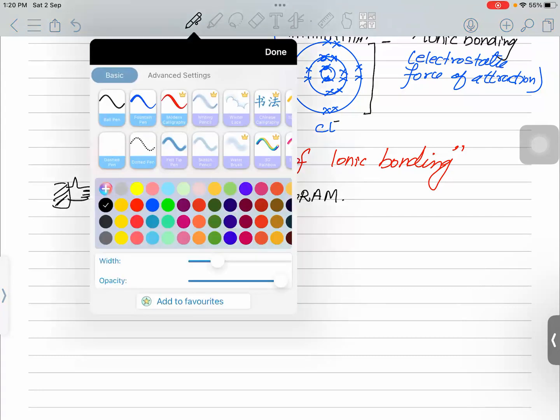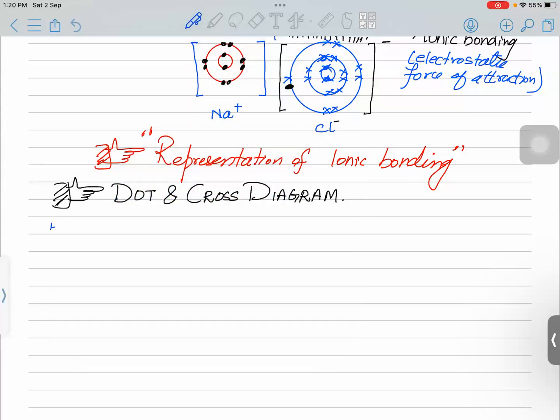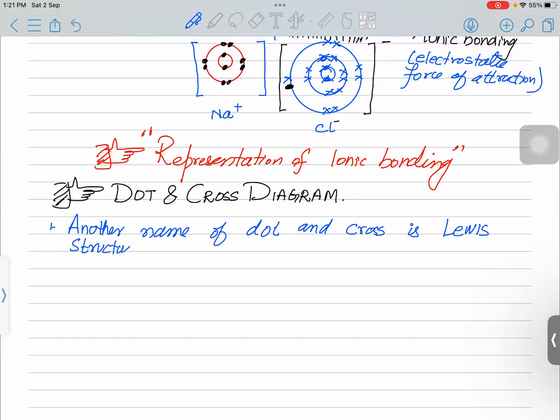First point, another name of dot and cross diagram is Lewis structure.